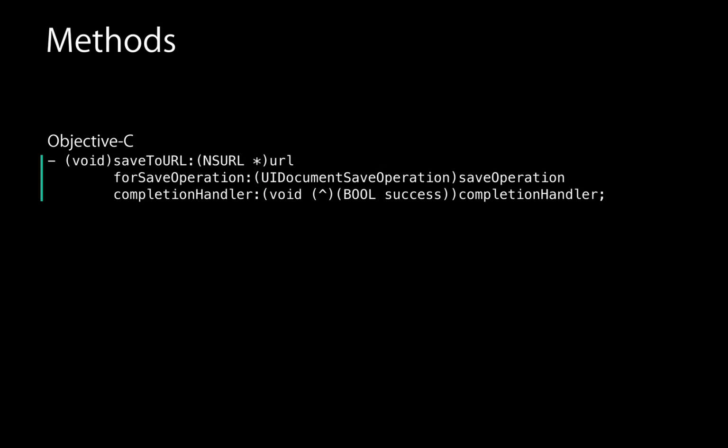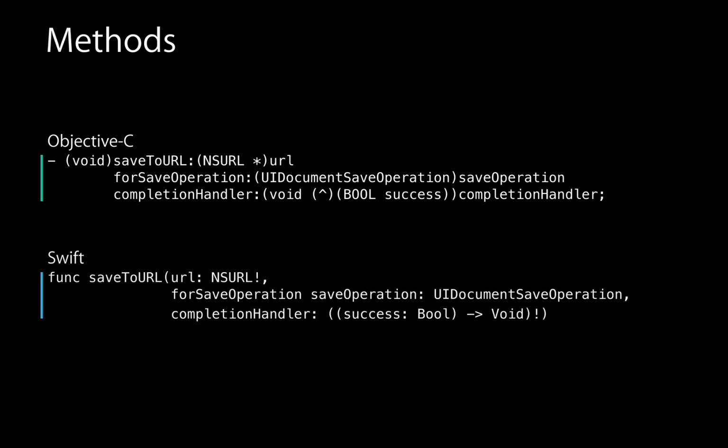Let's look at a little bit more complicated method here where we have some blocks going on, some more interesting things, and map that into Swift. And here there are two different things I want to talk about. First thing I want to talk about is the naming of these argument labels and the internal parameter names.